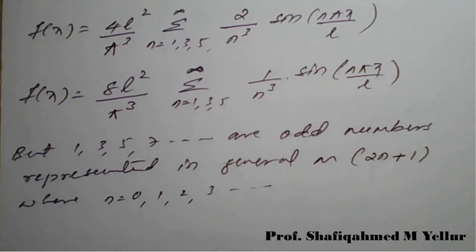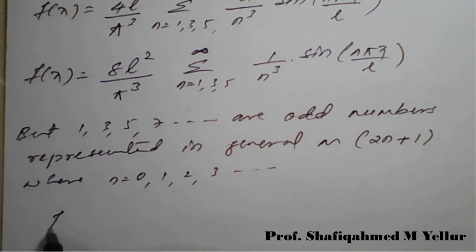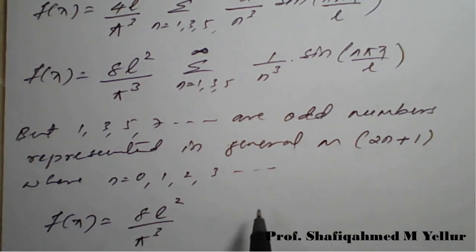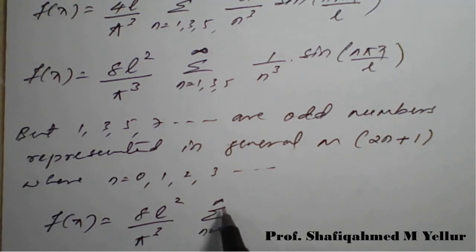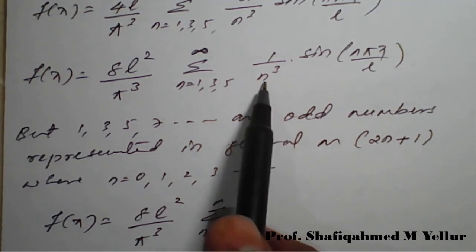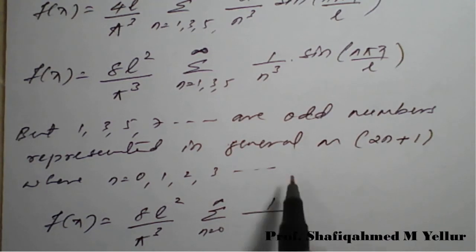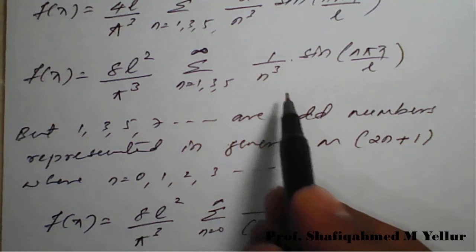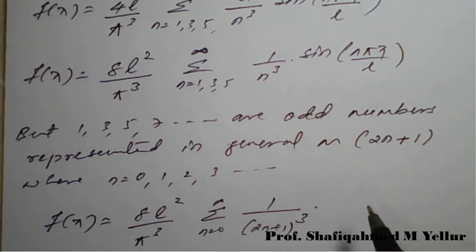Therefore the above expression f of x is equal to 8l square upon pi cube, summation n from 0 to infinity, where the odd number is 2n plus 1, whole cube as it is, wherever n is there we will replace it.